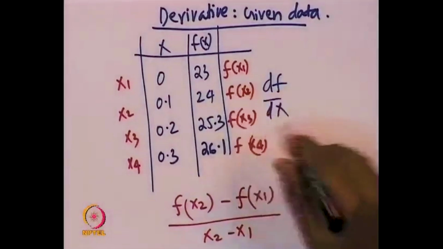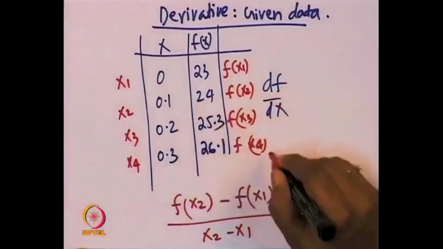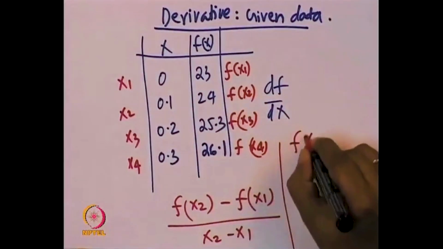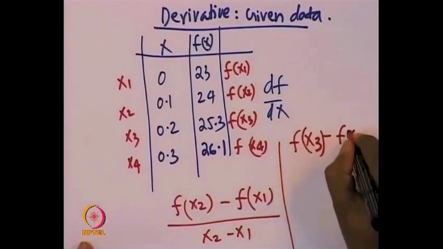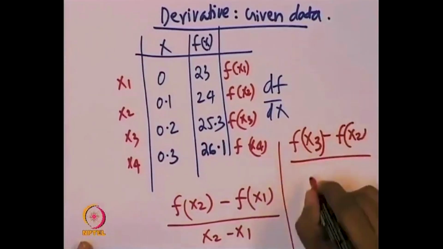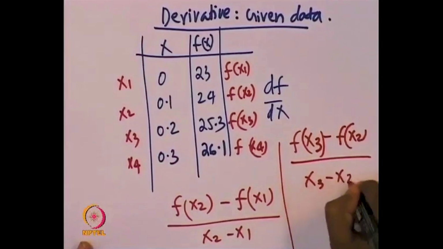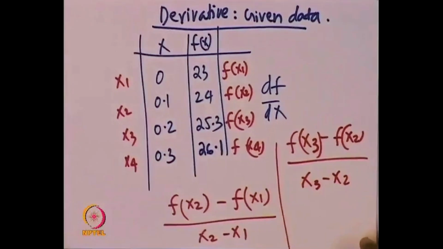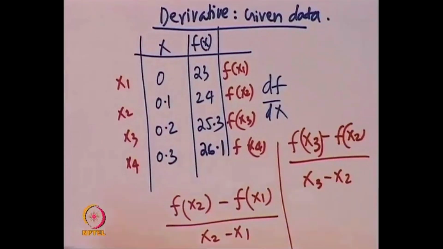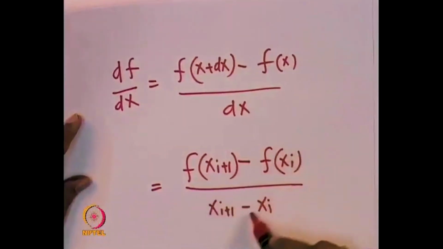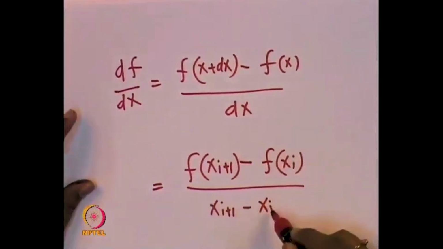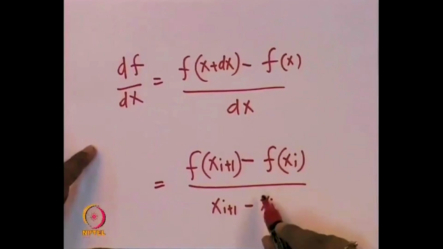Similarly, the slope between these two will be f of x 3 minus f of x 2 divided by x 3 minus x 2. So essentially what you have is this formula, f of x i plus 1 minus f of x i divided by x i plus 1 minus x i. So, this can be used.